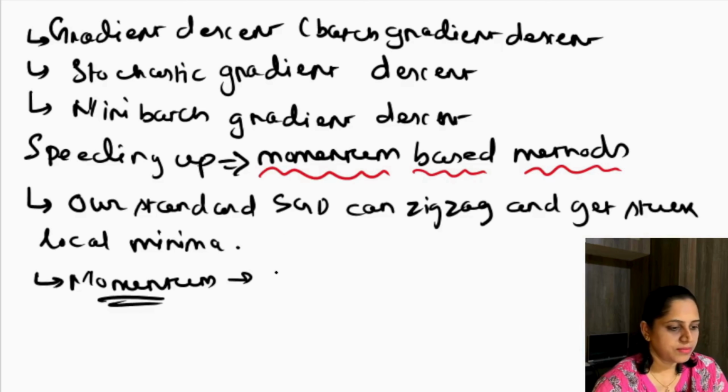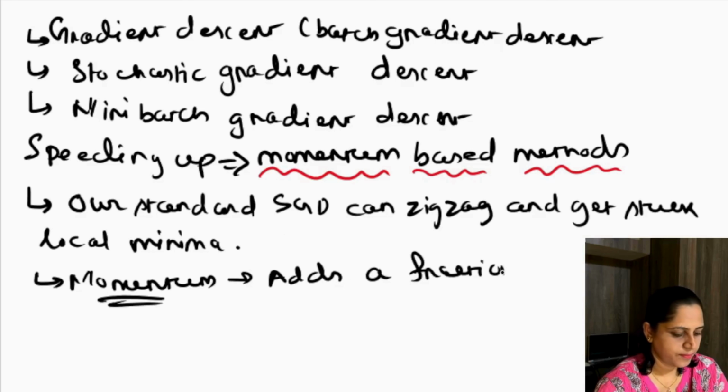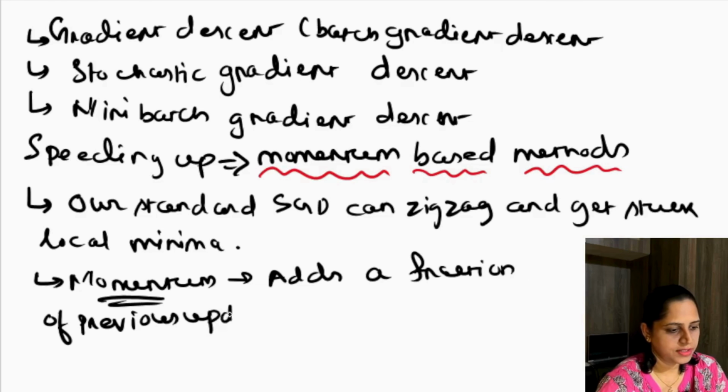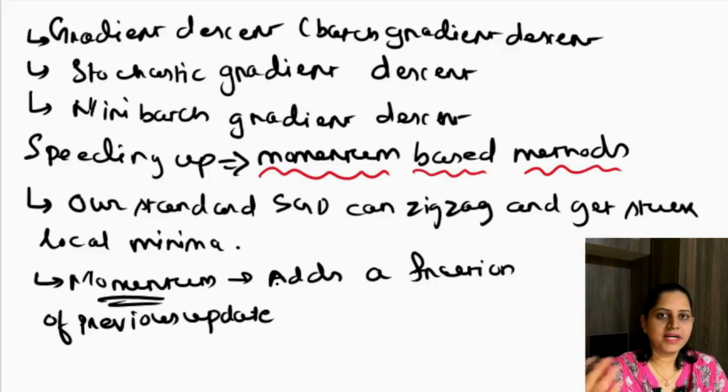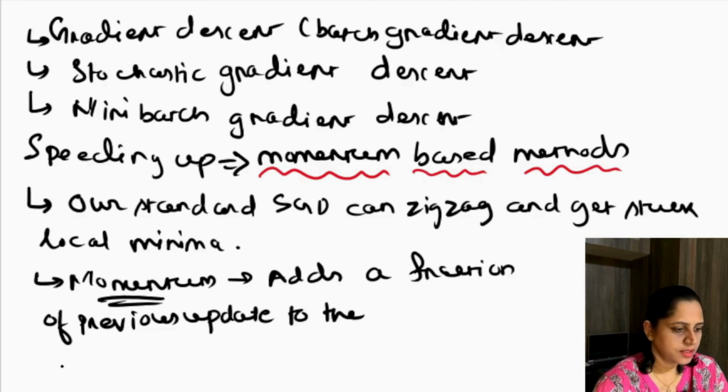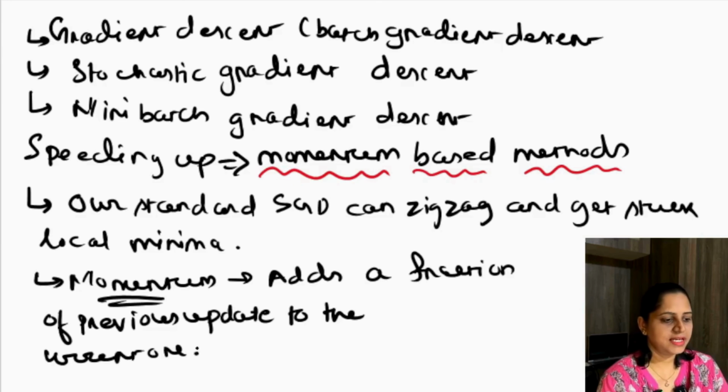What momentum does is add a fraction of the previous update. It takes the previous velocity and updates the current one based on that. It's taking the previous update and updating the current one.